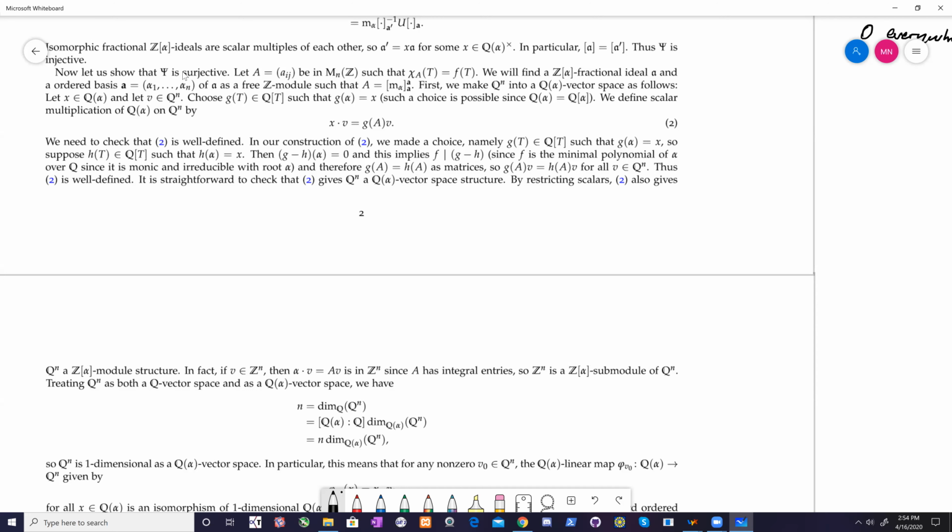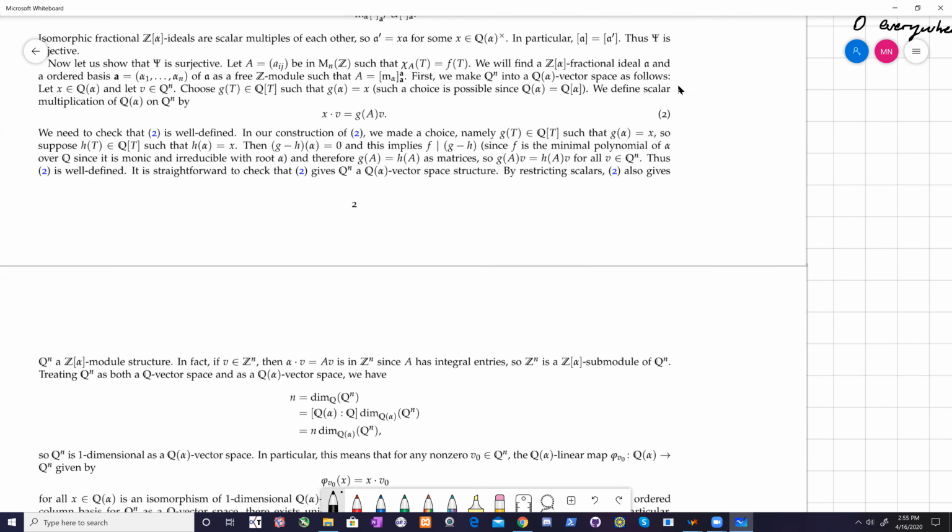To show that capital psi is surjective, we will find a Z[alpha] fractional ideal A and an ordered basis bold A of A as a free Z-module such that A is the matrix representation of multiplication by alpha with respect to this ordered basis. That will show that this is the surjective map.